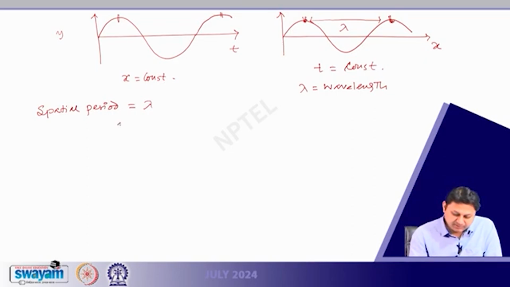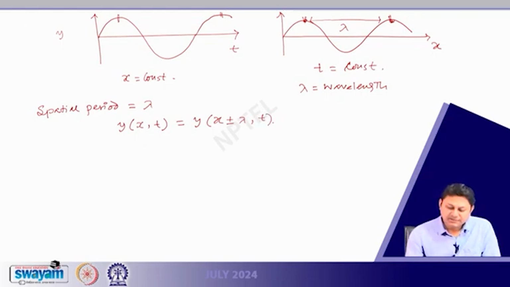So that means if we have the function y(x,t) with some value, then I am going to get the same value if I move by the spatial period. That means if I move from x to x plus or minus lambda, then I am going to get the same point.